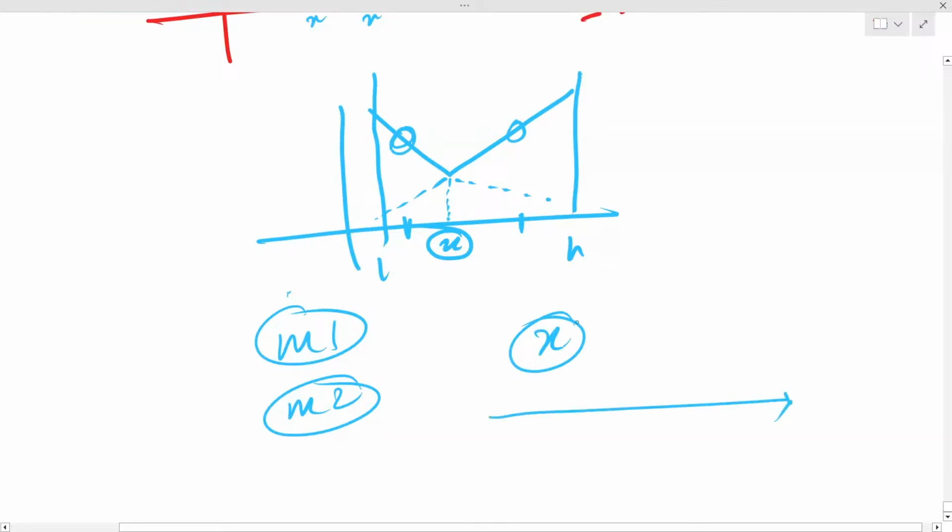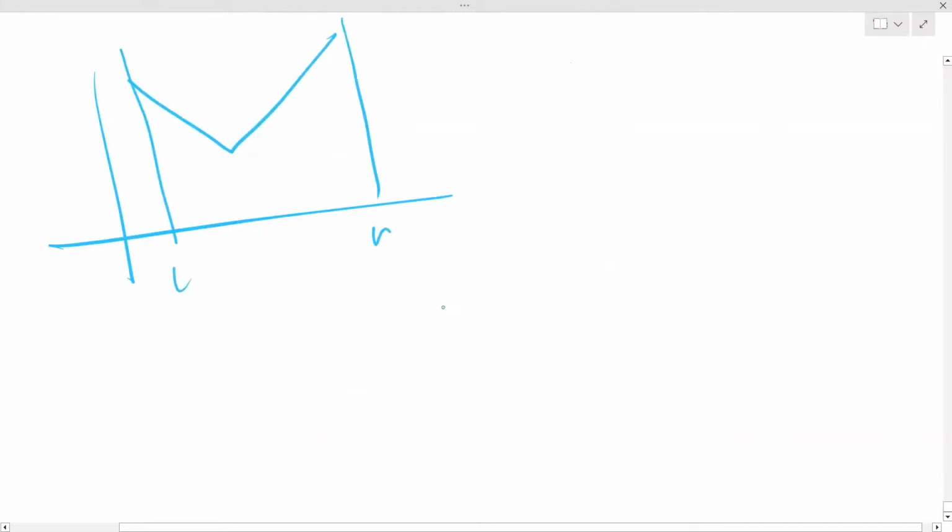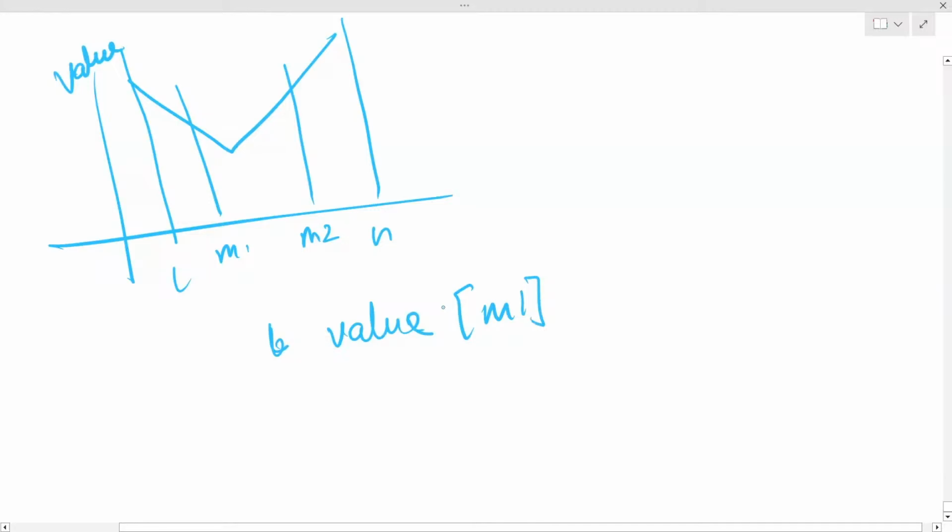And again, how do we solve this problem using ternary search? If low is here, high is here, this is our mid one, this is our mid two. If the value at m1 turns out to be less than the value at m2, where should I shift? Quickly tell me.